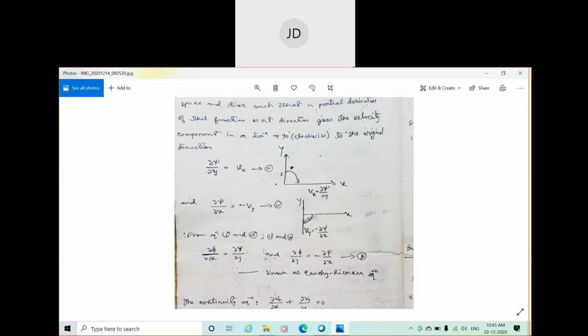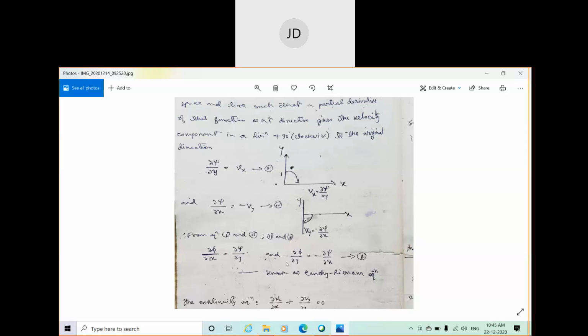You have to remember this. But if you understand velocity potential and stream function, you do not need to remember this, because you can automatically find this particular relation. It is not a kind of formula, it is just a relation between velocity potential and stream function.